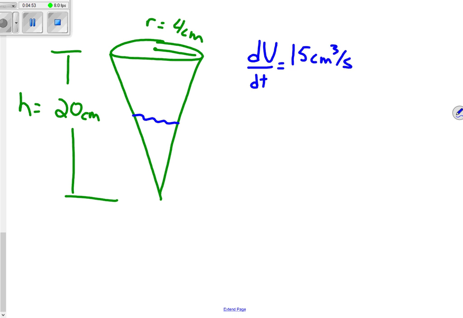Now, when the height of the water is at 9 centimeters, we are looking for the rate at which the water level is rising. So the water is rising, that is our height. We're looking for the rate of change of the height at this exact second.